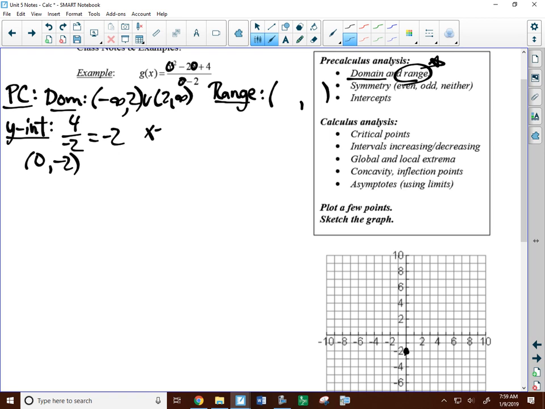Okay, x-intercepts are where the function y is 0. Now I'm going to solve this, and I really have to clear the denominator, and I'm just going to set the numerator equal to 0. For the y-intercept I plugged 0 in for x's.